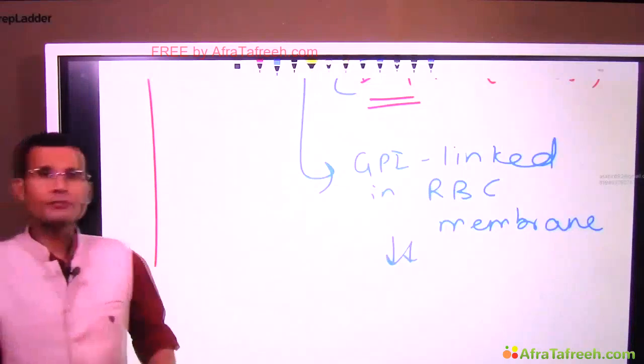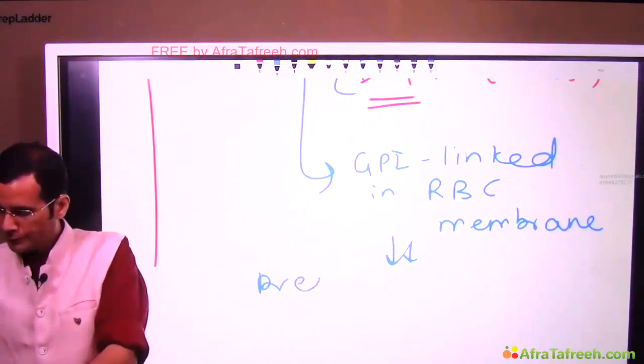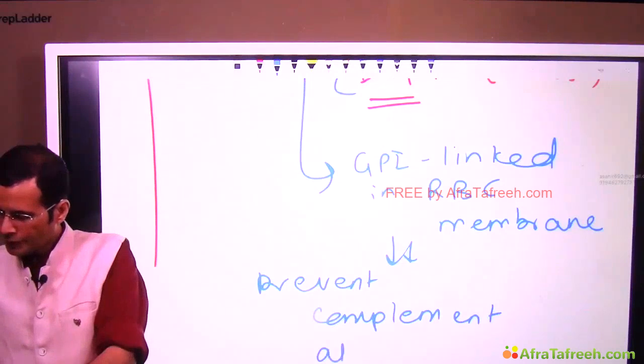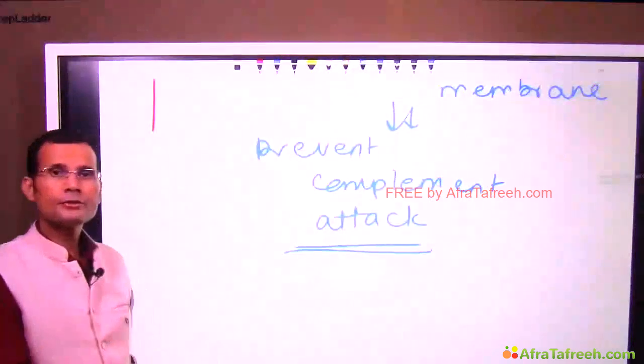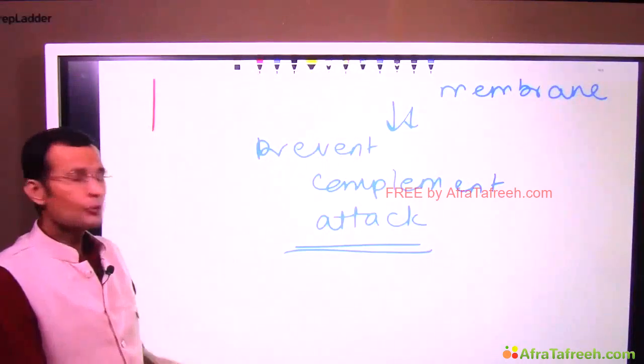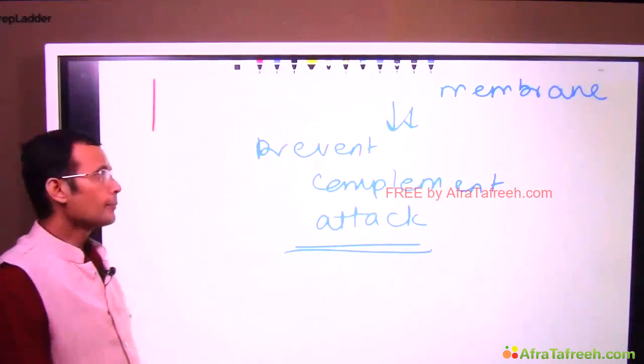And what is the function of these proteins? They prevent complement attack on the red cells, our own RBCs. They can be under threat from the complement system. So that's prevented by these GPI linked proteins on the red cell membrane.